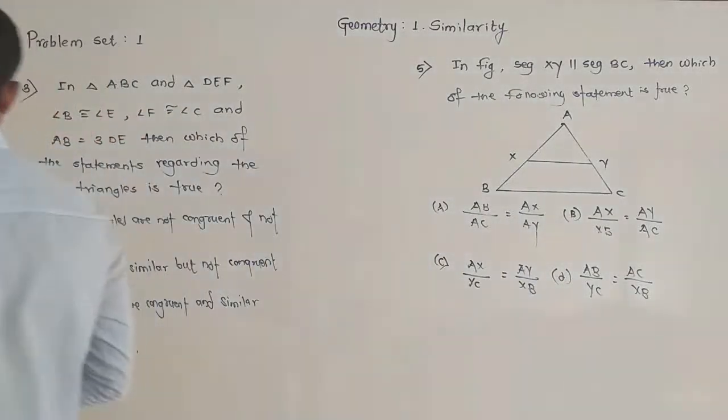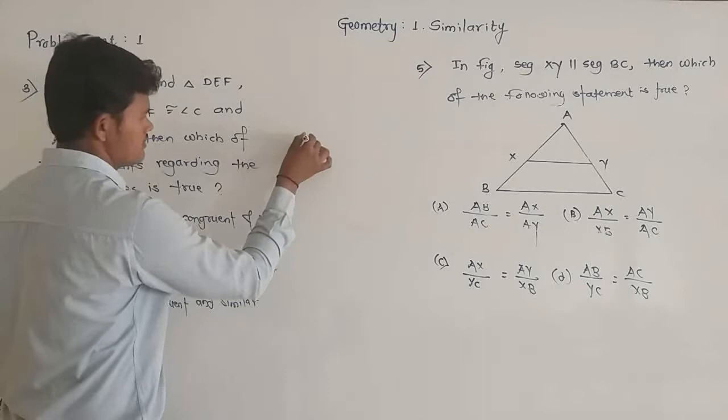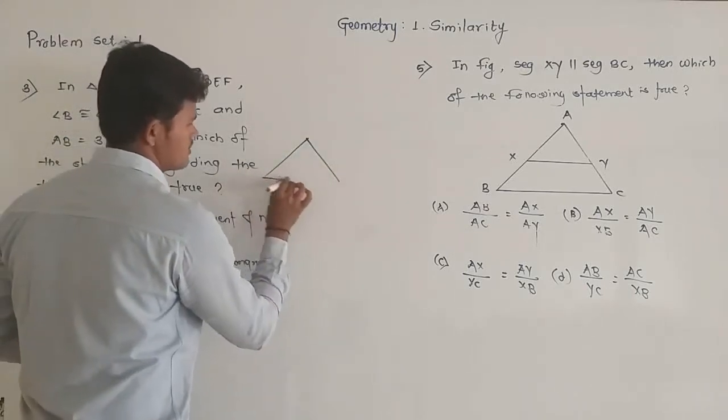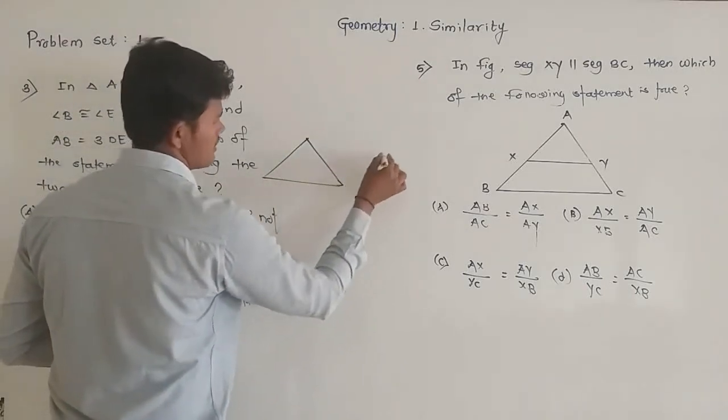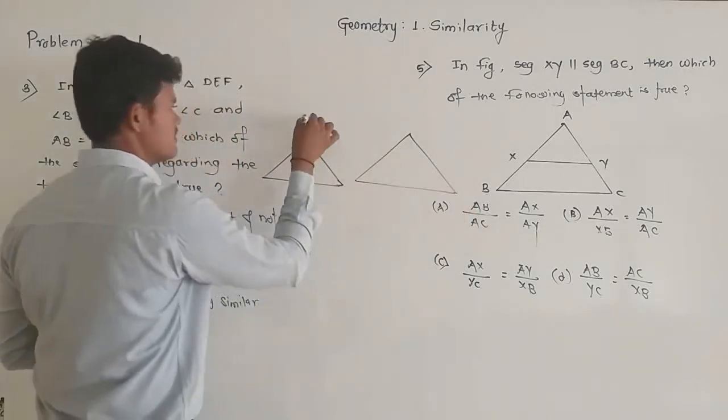Now MCQ number 3. In triangle ABC and in triangle DEF, these are the two figures.